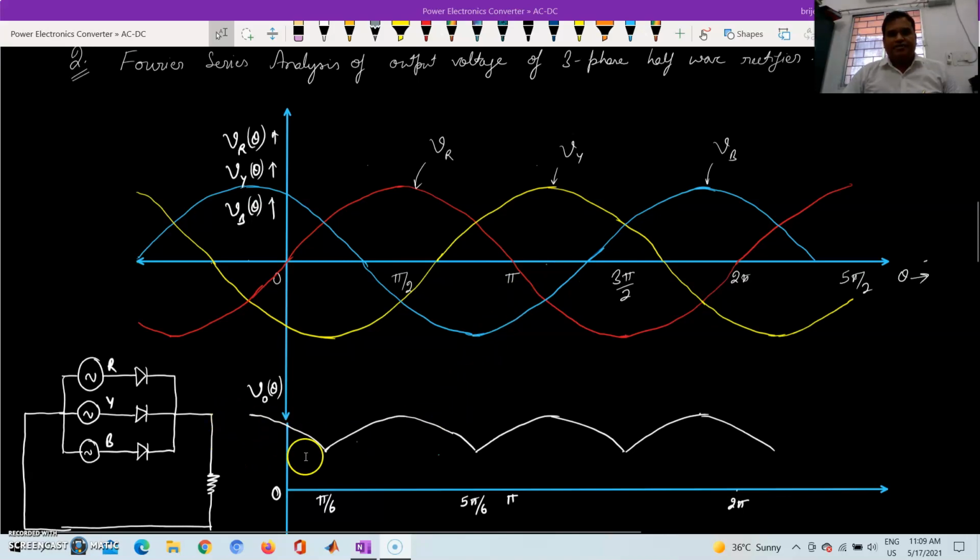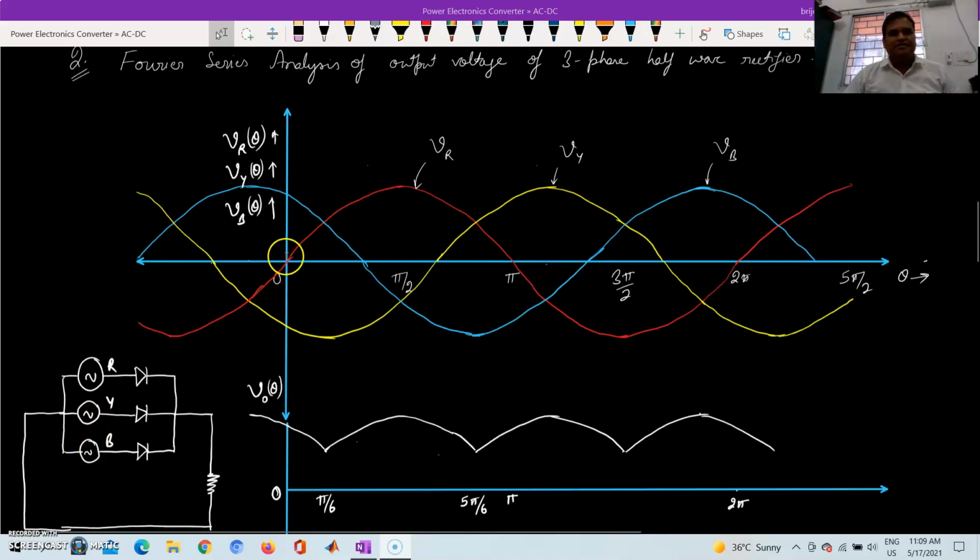The output voltage of the three-phase rectifier is denoted by V0(θ), which you can see here. How we get this waveform, we can understand from the waveforms of the supply voltage. The supply voltages are displaced from each other by an angle of 120 degrees.